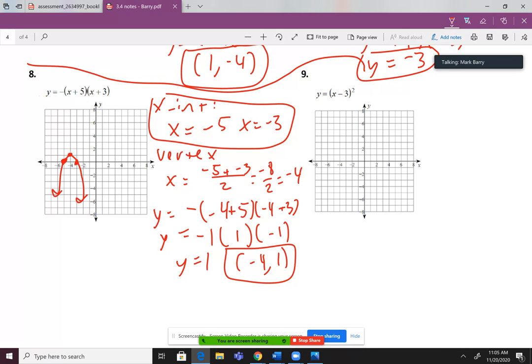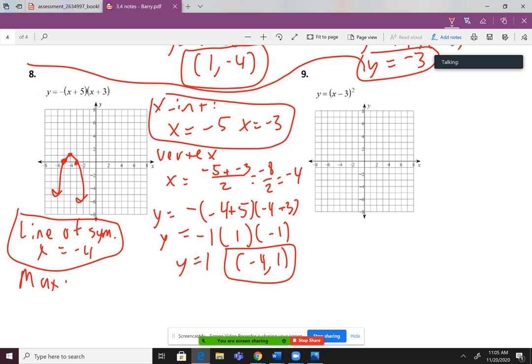All right, so now we know our line of symmetry. Is that x equals -4. I can see that our vertex is a maximum value. It's the highest point on the graph at y equals 1.